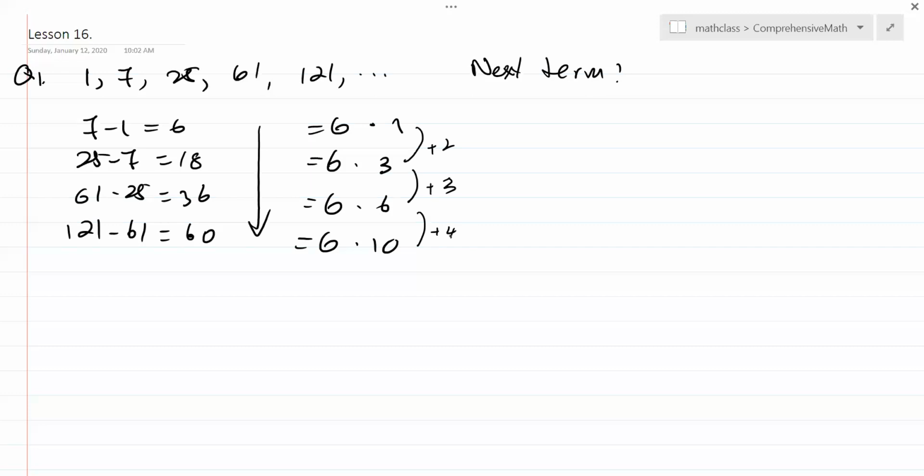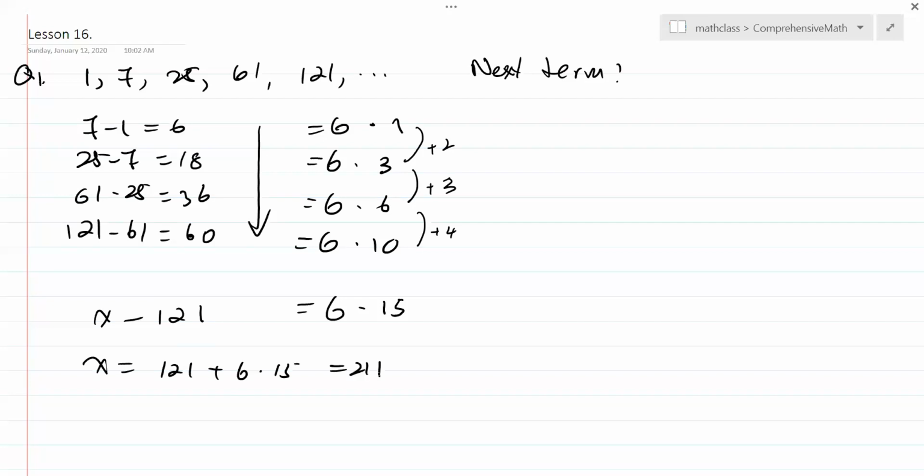So the next one will be 6 times 15. So X minus 121 is going to be 6 times 15, so X is going to be 121 plus 6 times 15, and that is 211.